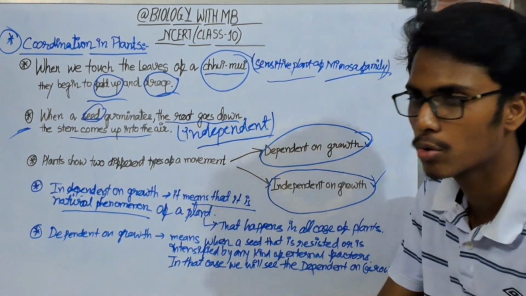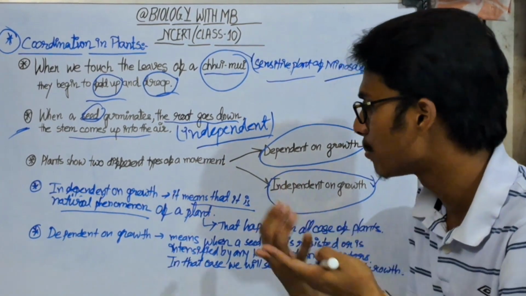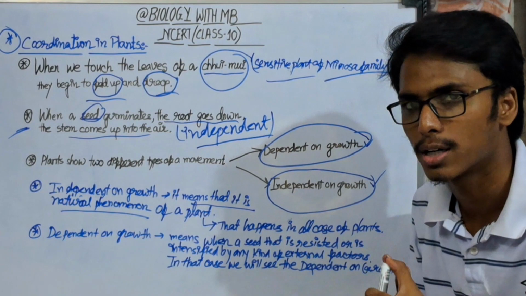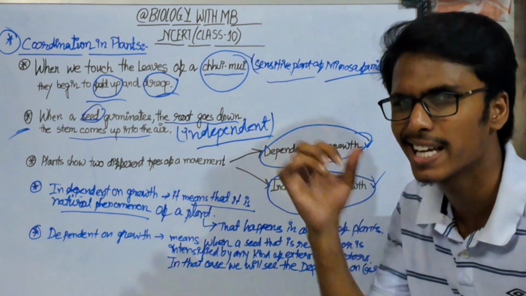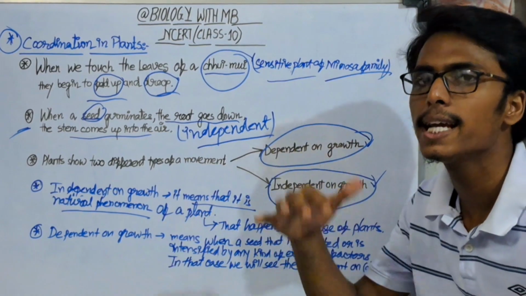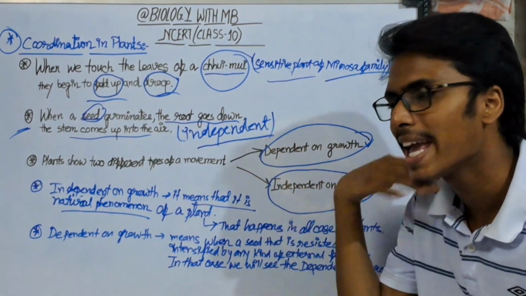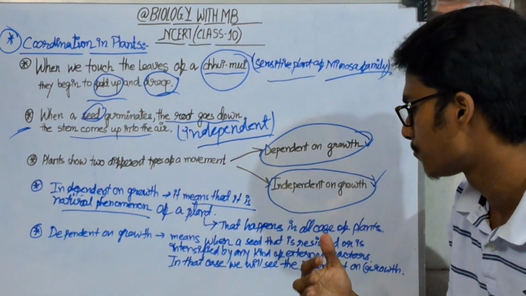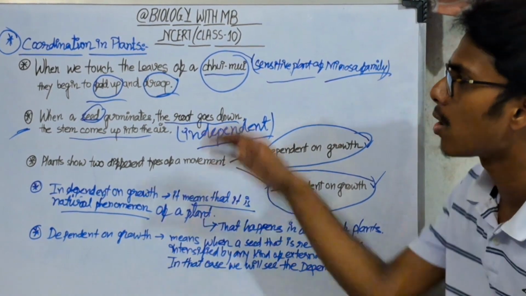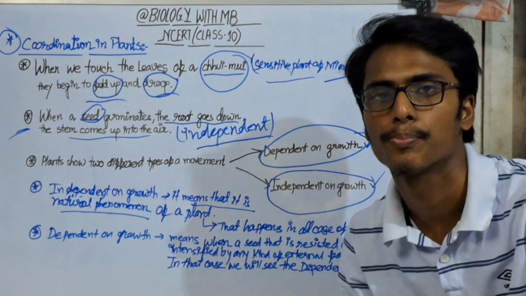But dependent on growth means when a plant part or a seed, for example, is resisted or intensified or affected by any kind of external factors. That is all about the coordination in plants.